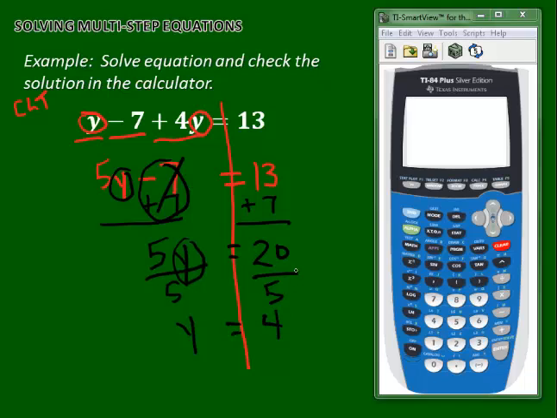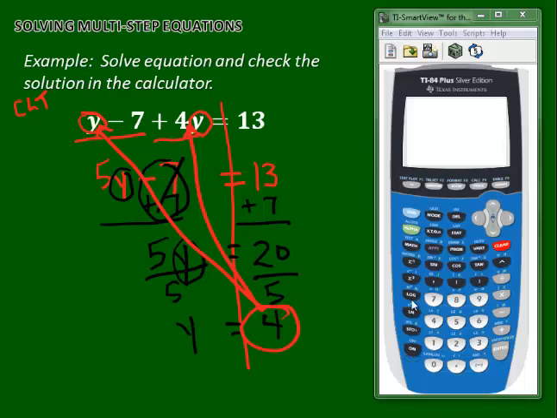Okay? Now, the next step I want to do is check this. So remember, if I want to check it, I'm going to take this 4 and put it in place of the y. But the y is in there twice, so I'm going to put it into the equation twice. So here we go. Let's write that in our calculator.